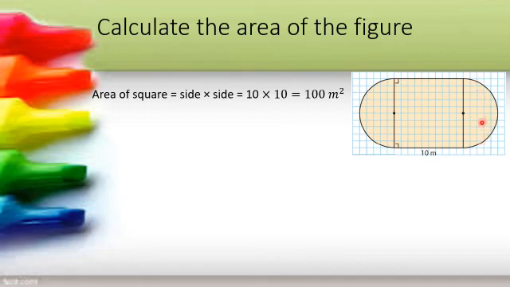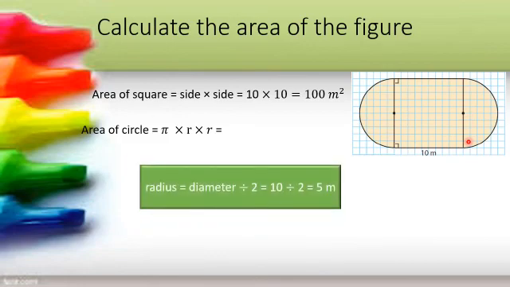So two semicircles make one circle. So the area of the circle is equal to pi times radius times radius. But the given here is the diameter that's equal to 10 meters. So we are going to calculate the radius. Radius equals diameter divided by 2. Diameter is 10. So 10 divided by 2, it's equal to 5 meters.